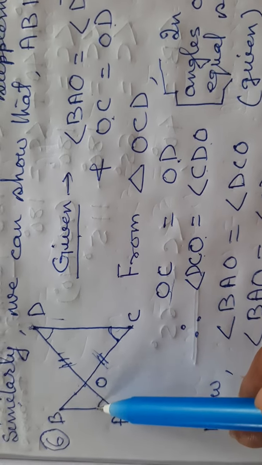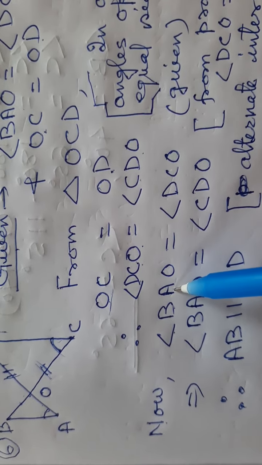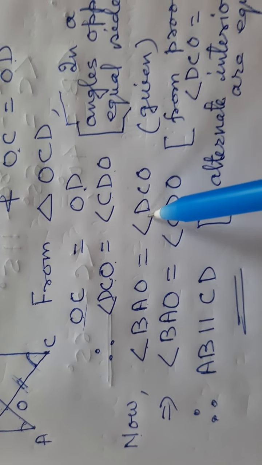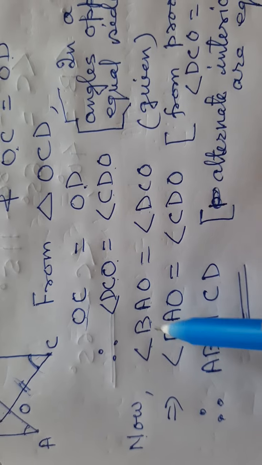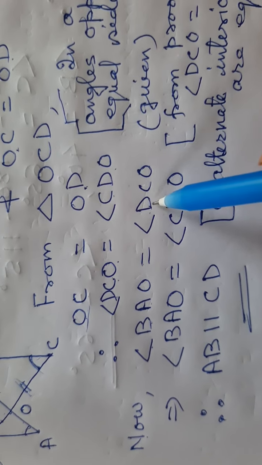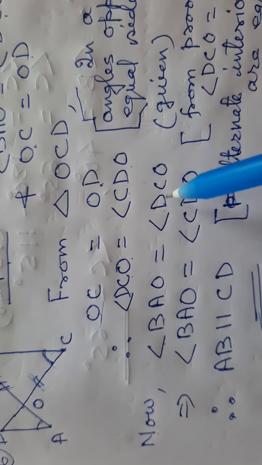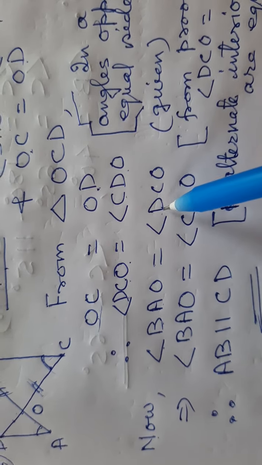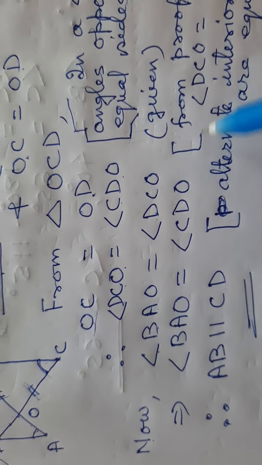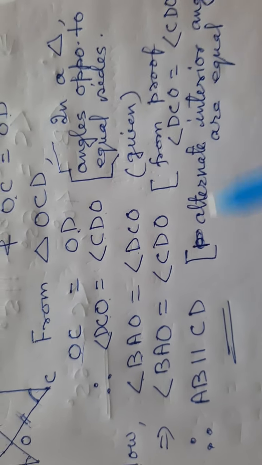Now, angle BAO is equal to angle DCO, it is given. And angle DCO is equal to angle CDO, from the proof. Putting CDO instead of DCO, angle BAO is equal to angle CDO.